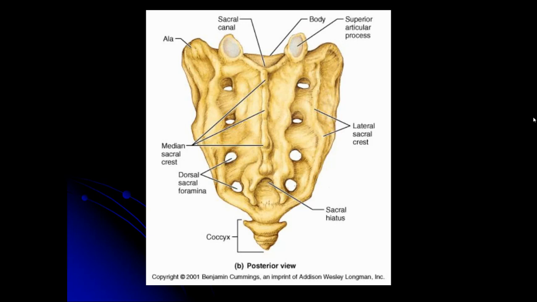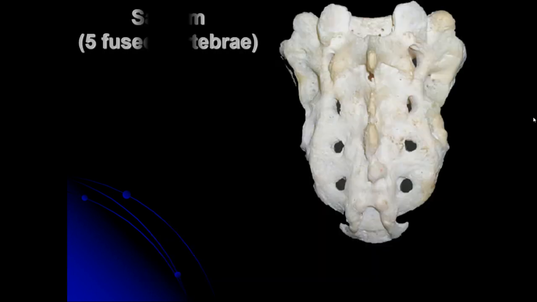And again, there's no separation between these anymore. But you still can see where the old vertebrae used to be. And so even though they're not there anymore, we still use the terminology of S1 to S5 and CO1 to CO4. So let's look at the sacrum.